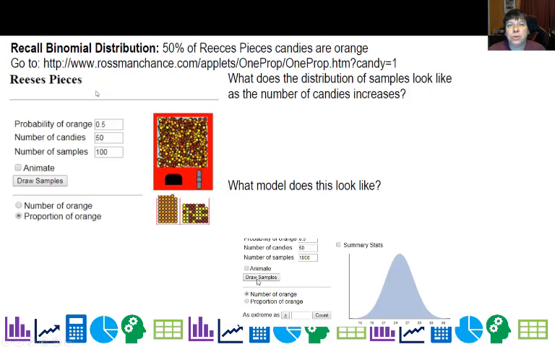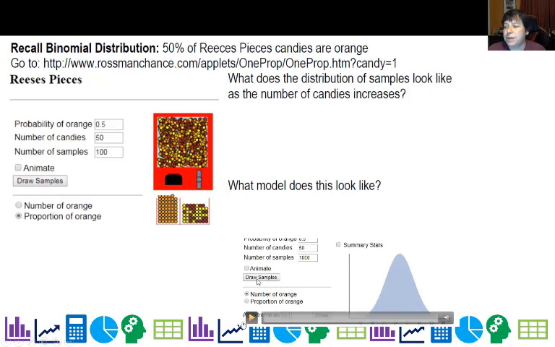If you remember, those are where we have discrete probabilities, or probabilities for discrete random variables. In this case, I have some Reese's Pieces. This is where you can go and play with the applet. We're going to assume the probability of orange is 50%, or 0.5. The number of candies is 50, and we're going to take 100 samples.